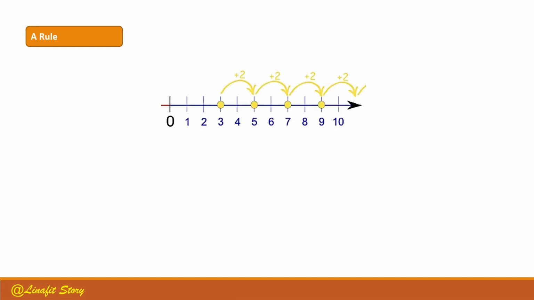A rule. A sequence usually has a rule, which is a way to find the value of each term. Example. The sequence 3, 5, 7, 9 starts at 3 and jumps 2 every time.